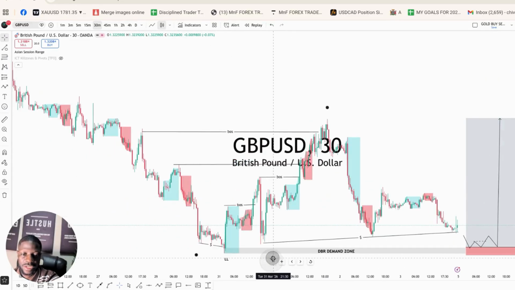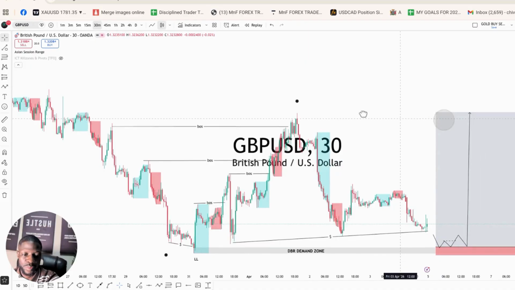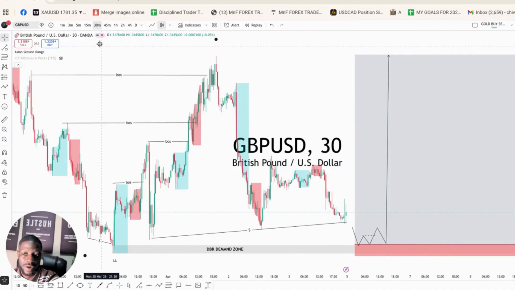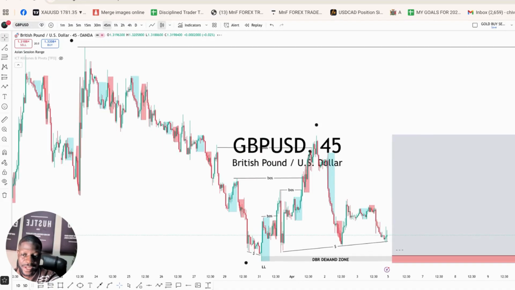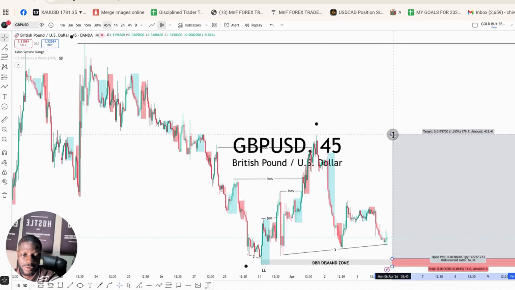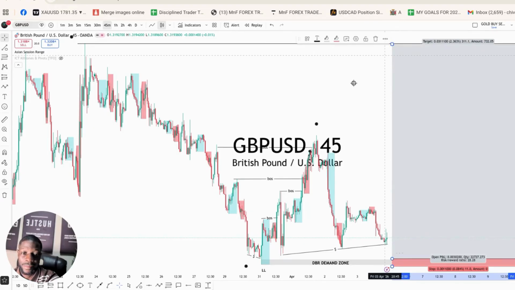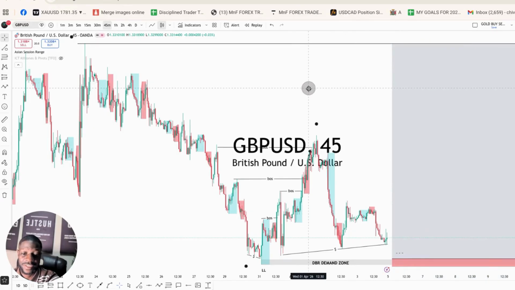My first target will be this one right here, which will be a 1:16 risk reward ratio. And if the market continues to show me signs of it pushing to the upside, well, we might catch it all the way here. But it might take a bit of time. That's the reason why I'm targeting this one for the first target.